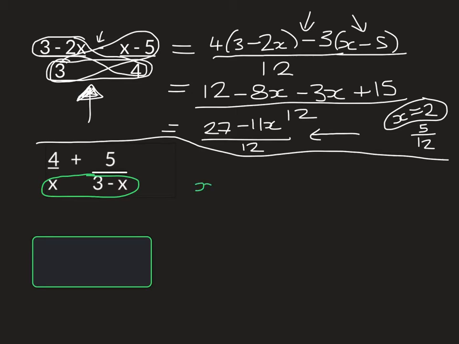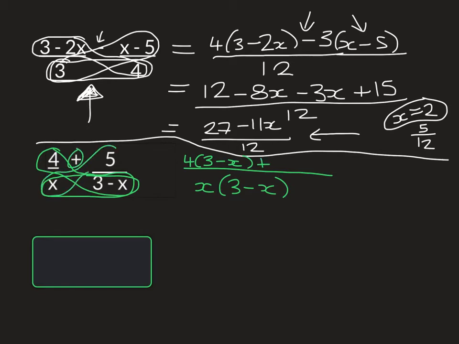So x times 3 minus x, and then cross multiply the top. So we're going to do this times this, 4 brackets 3 minus x, plus, because there's a plus there, this times this, 5x.